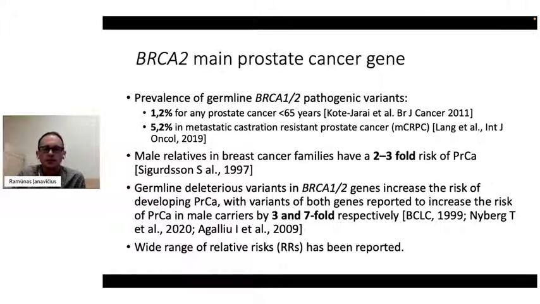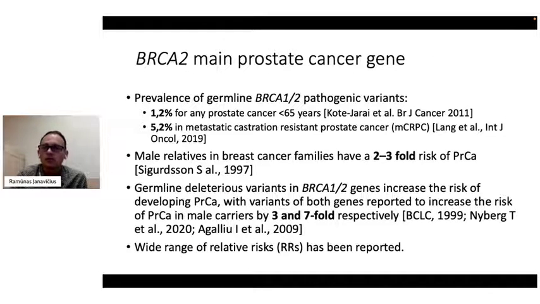We know that the prevalence of germline pathogenic variants in BRCA1 and 2 genes is slightly higher than 1% for all prostate cancer before 65 years, and 4 to 5 times higher in metastatic castration-resistant prostate cancer.